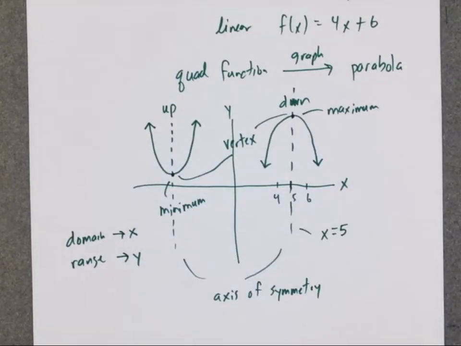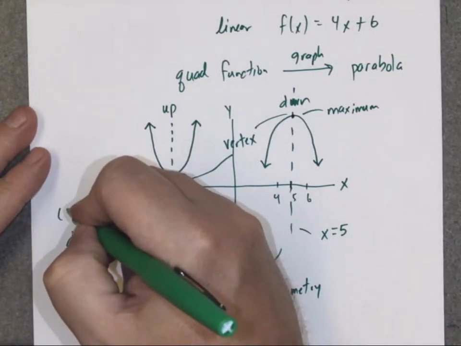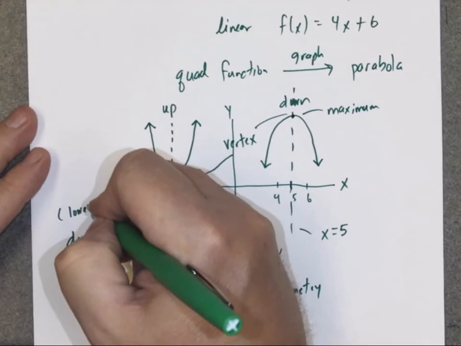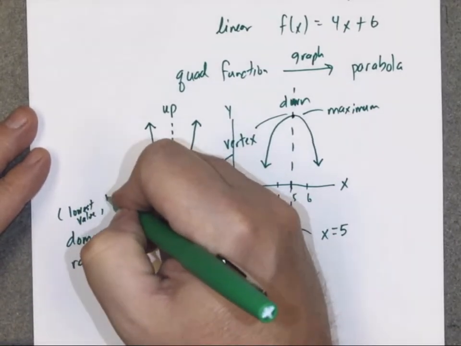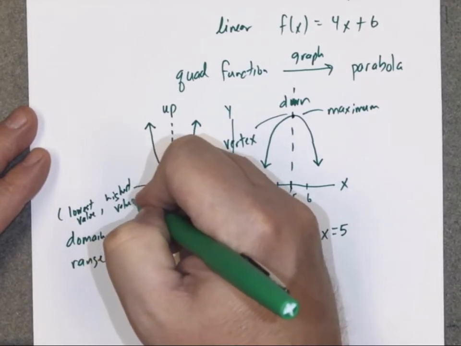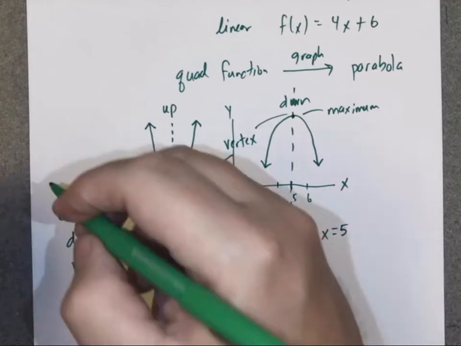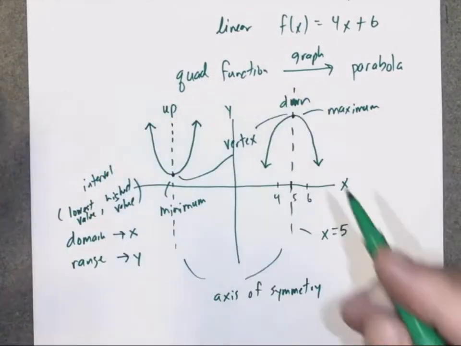When we look at this graph, we're going to give the domain as an interval, right? An interval where you first write the lowest value, comma, highest value. This is going to be our interval for either the domain or the range.